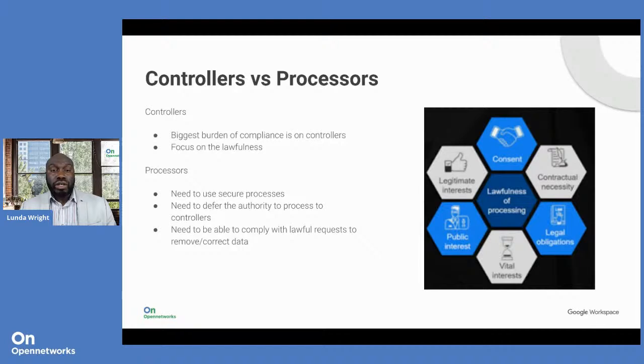We have the biggest burden of making sure that the personal information that you give us about who's in your company, who your employees are, is handled in compliant ways.